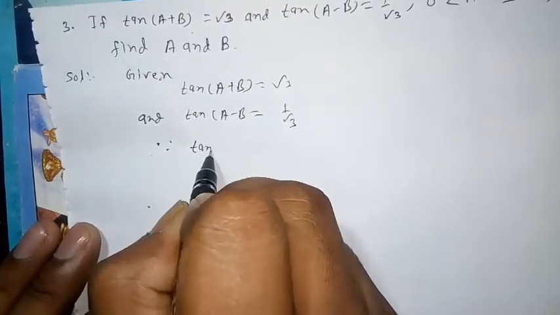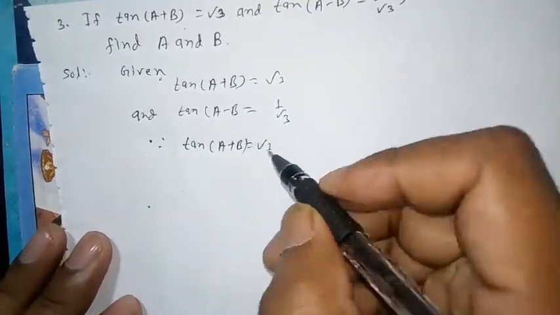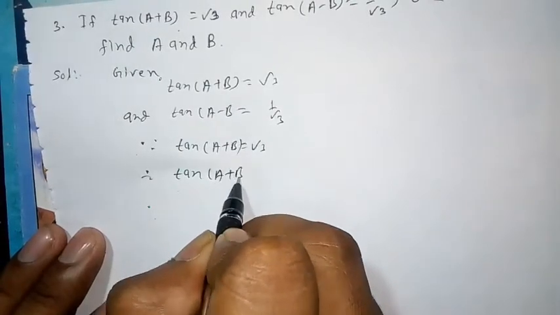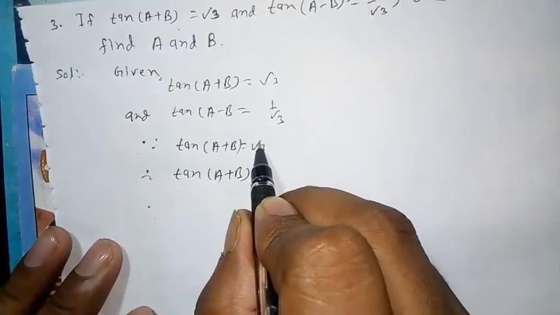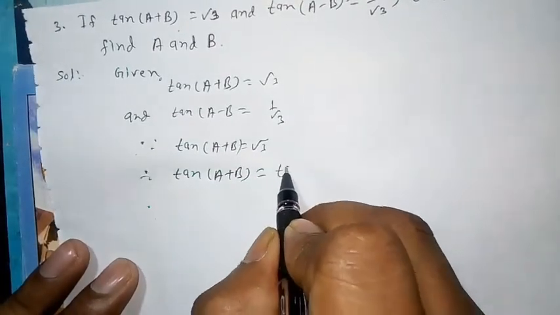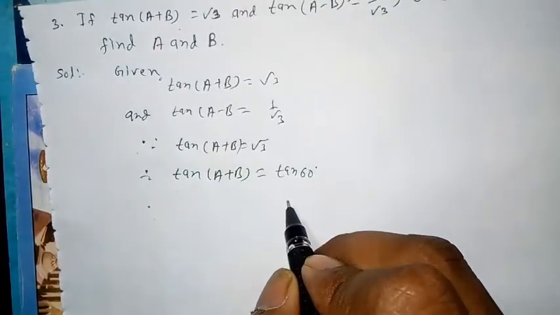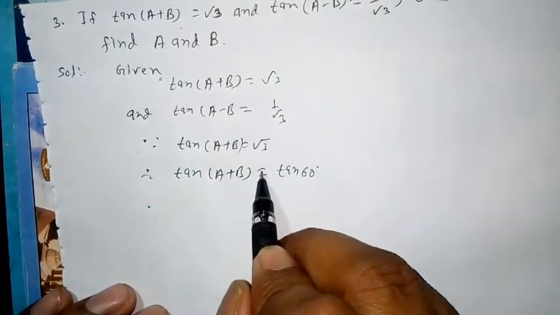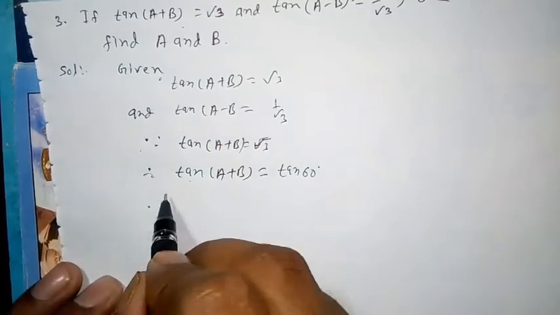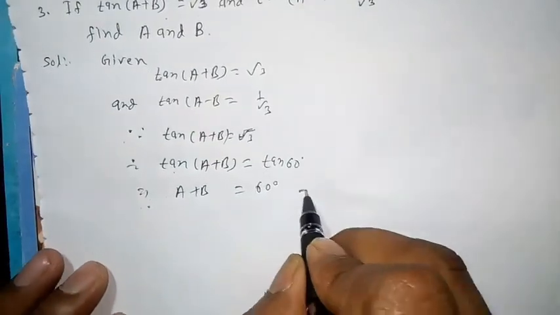Because tan(A plus B) is equal to root 3, and the value of root 3 is tan 60 degree, I am putting tan root 3 is equal to tan 60 degree. Tan and tan cancel, therefore A plus B is equal to 60 degree. Equation 1.